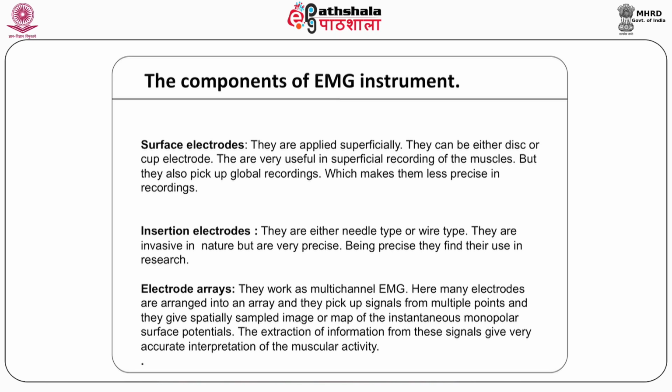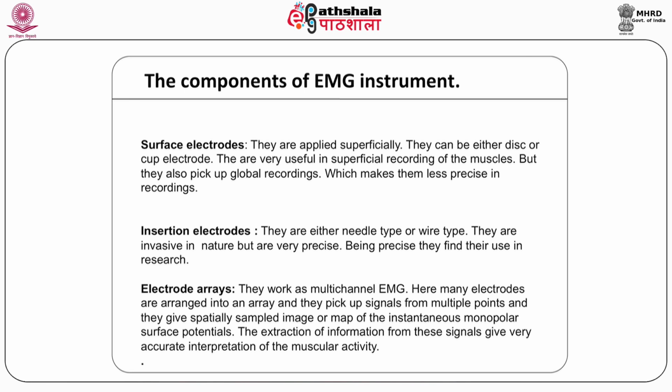They work as a multi-channel EMG. Here many electrodes are arranged into an array and they pick up signals from multiple points and give a spatially sampled image or map of the instantaneous monopolar surface potentials.